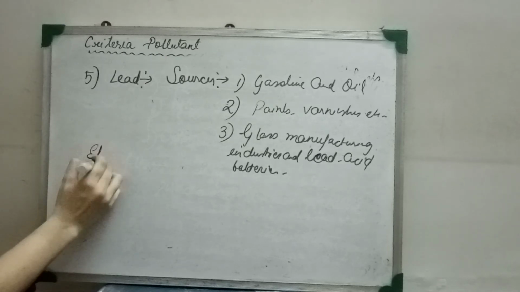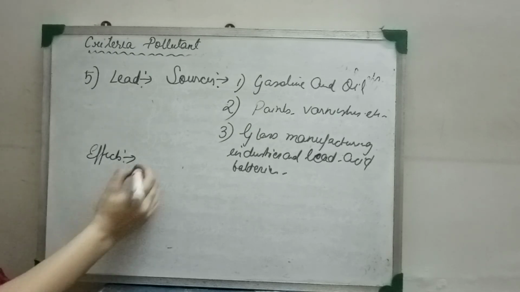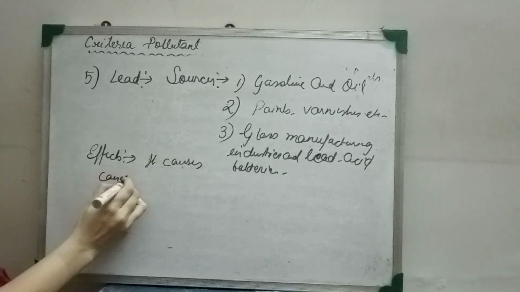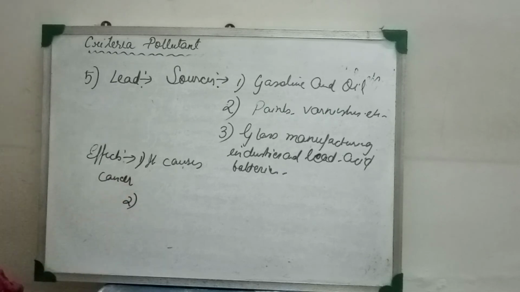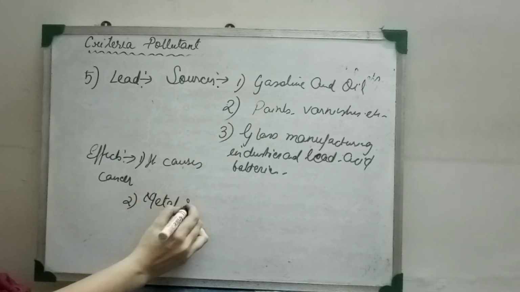Now we will see the effects of lead. Lead is carcinogenic in nature. It causes cancer. The first effect is very adverse. Second effect, lead reduces mental balance, so it causes mental retardation.